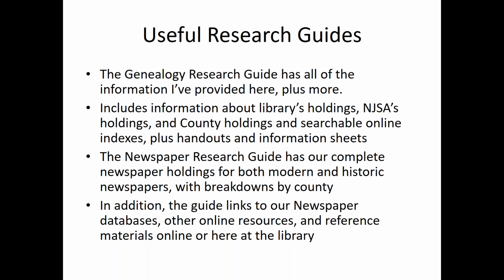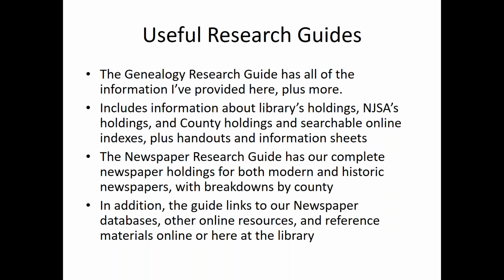What is the New Jersey State Archives? Are they the same thing? Are they different? And I have tried to separate us out and describe the State Library's holdings and the State Archives holdings, and indicate very clearly that we are separate entities and what you can find in each of our facilities.